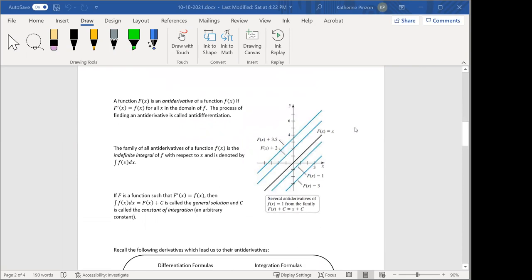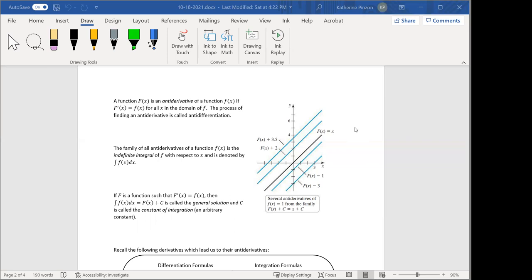So an antiderivative is sort of the undoer of the derivative, right? We know how to take derivatives. Antiderivatives just undo all of those things. When you take the derivative of a constant, what do you get? Zero. So when you undo a zero, you can get lots and lots of different constants.